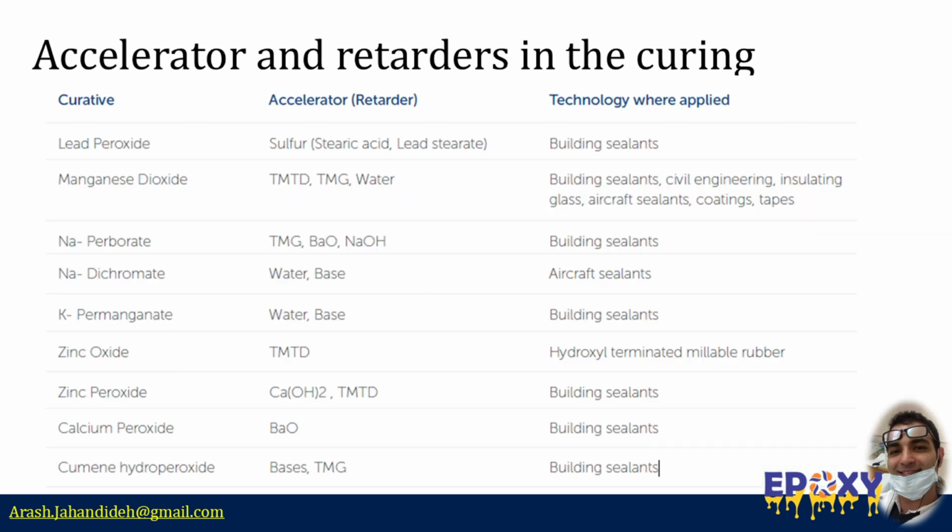In addition to curatives, the curing behavior of liquid polysulfide is strongly influenced by certain additives, particularly acids, bases, and moisture content. Reactions involving thiol or RSH groups can be accelerated by the presence of bases and retarded by acids.